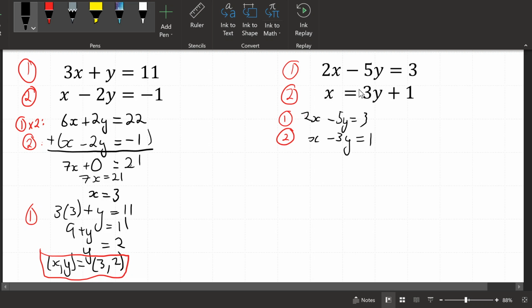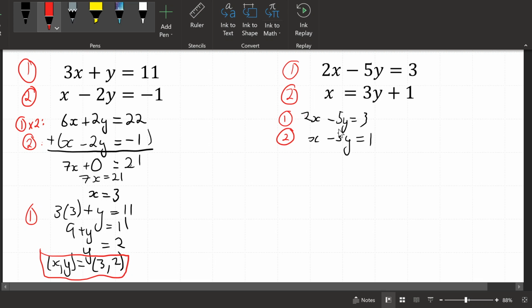So if we're given an equation where the variables are on different sides of the equation, we need to bring those variables over. Okay, so what do we do next? Well, we don't have the same coefficients for y. This one is negative 5, this one's negative 3. So what are we going to do? We're going to multiply both equations so that they have the same coefficient.